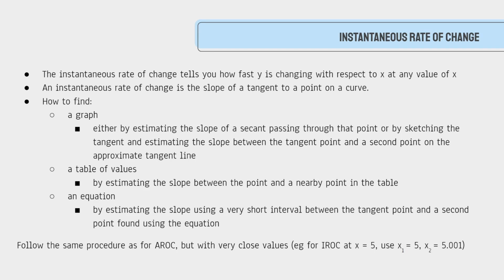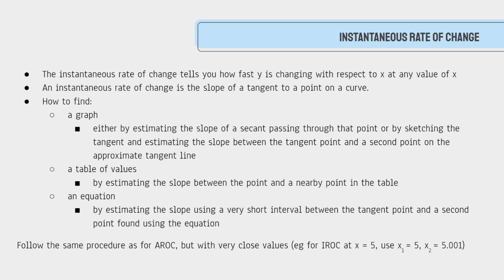So essentially what you're doing is you are following the same procedure as AROC, because we haven't gotten into calculus yet and we cannot find limits. However, this is what you have to do in this course. You will have to use a very small interval, or a very small number difference between your first x value and your second x value.